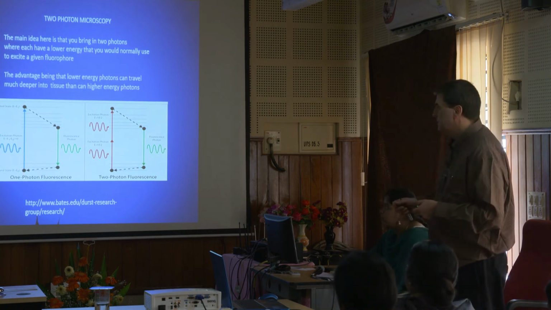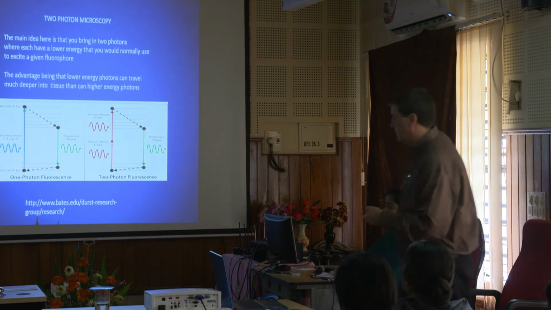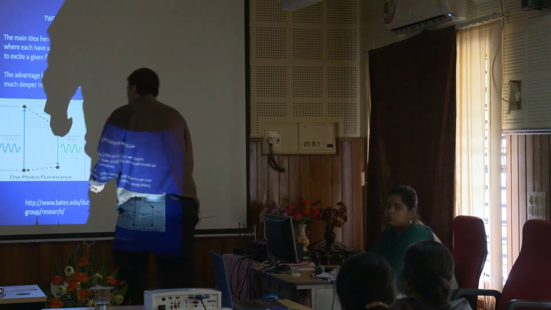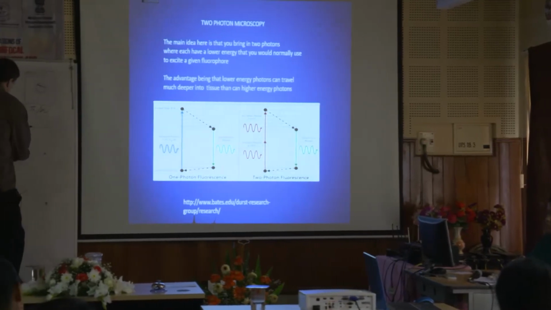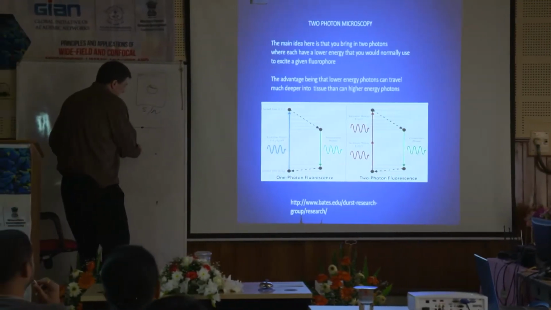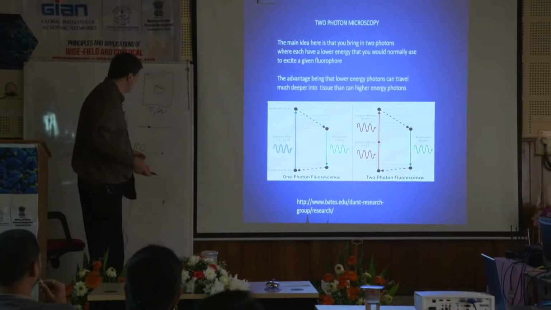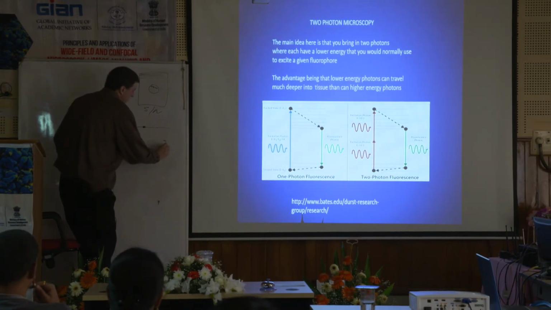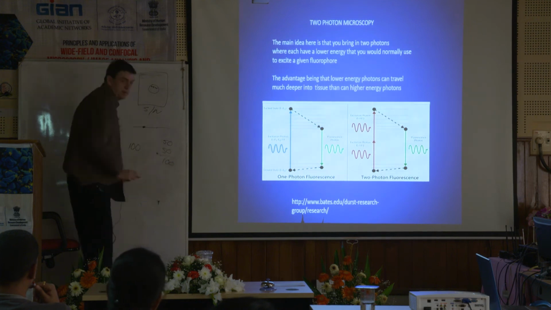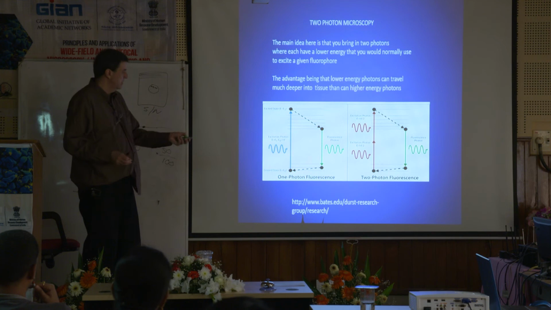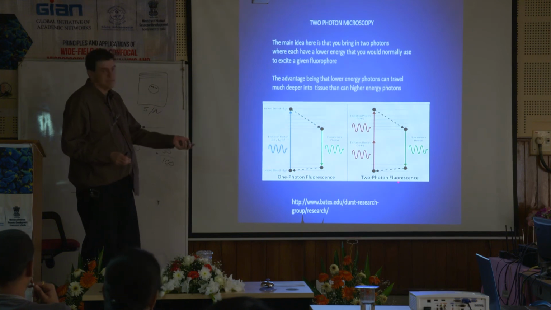So say the energy here is 100, okay? Let's say the energy here is 100 that we need to make our molecule fluoresce. Well, if we could use one photon of 50 and another photon of 50, it's still going to give us 100, right? We're still going to have enough energy to make this event happen, to excite it.